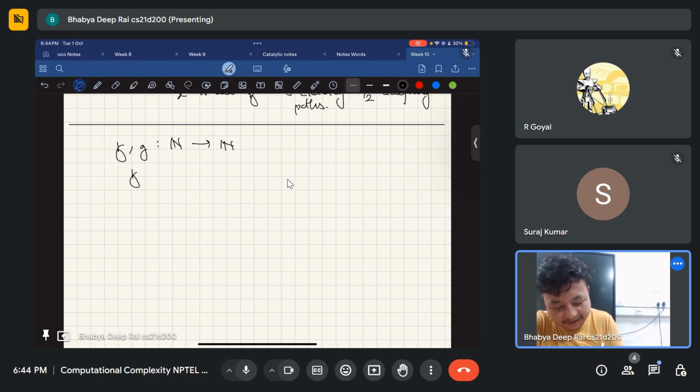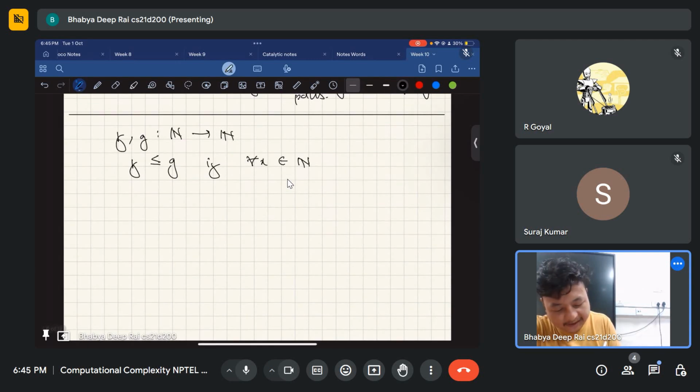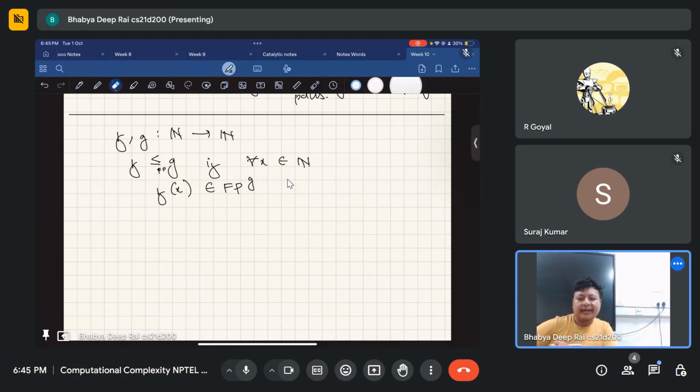So we say f reduces to g if for all x as a natural number, and x can equivalently be thought of as a string also, so no problem, f of x is in FP reduces to g, given oracle access to g.